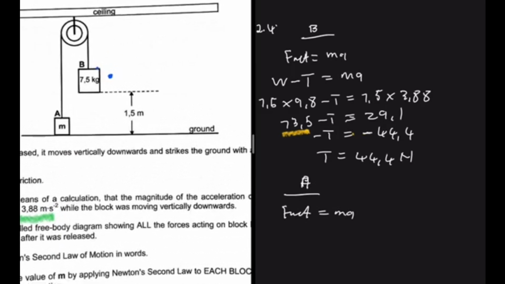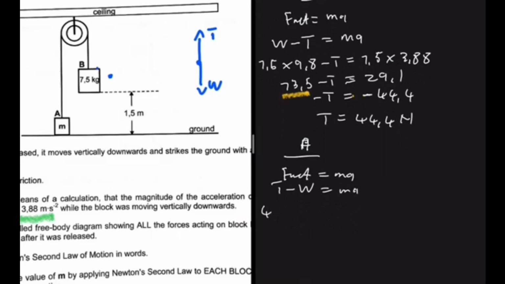So let's have a free body diagram for object A so that we can see what is going on. So for object A, the tension is pulling the object upwards, right? And the weight is opposing. So here we must have tension minus the weight, because now it is the tension that is pulling and the weight that is opposing, unlike in object B. Right, so the tension, we know that it is 44.4 minus the weight.